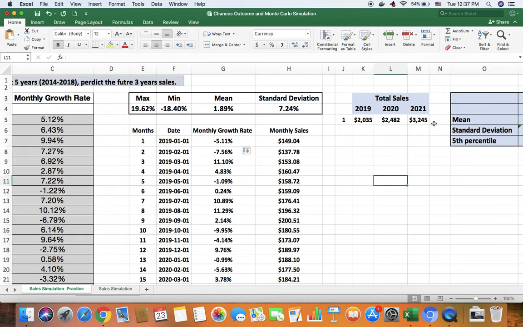What shall we do here? What kind of value are we going to pick?